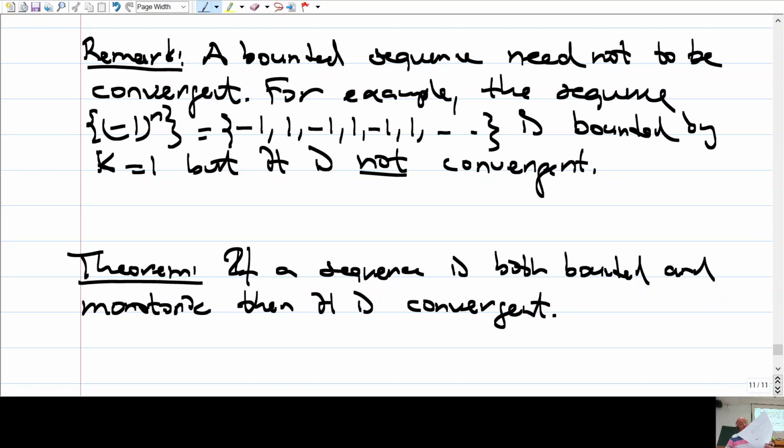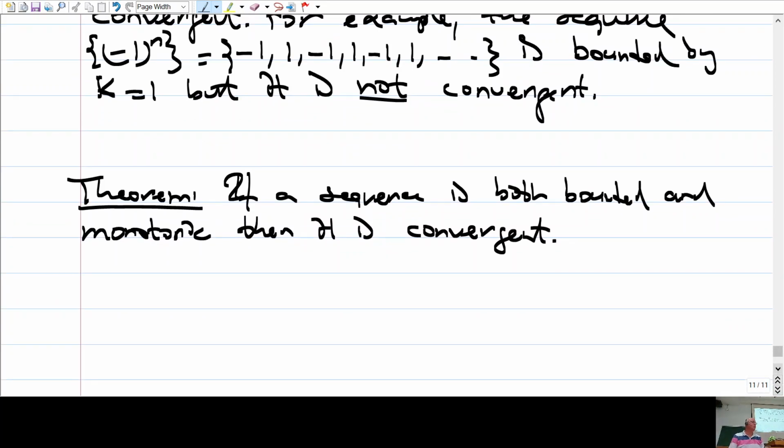We can prove this, but it requires some work. Actually, it requires some facts about the construction of real numbers, the so-called least upper bound property of real numbers, but it is outside the scope of this course, so I will omit that. That property tells us the following.